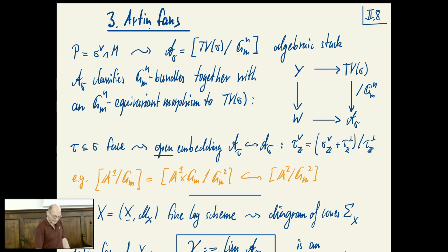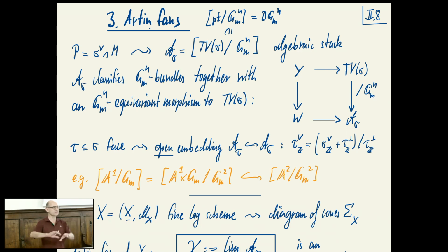If you take this point mod G_m to the N, so this might be more familiar to the representation theoretic people, that's a BG_m to the N. And that's a substack of this guy, okay?